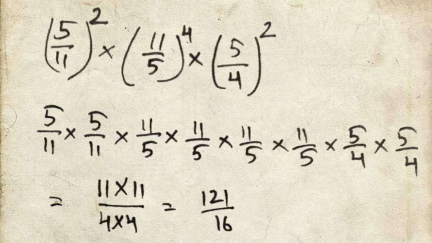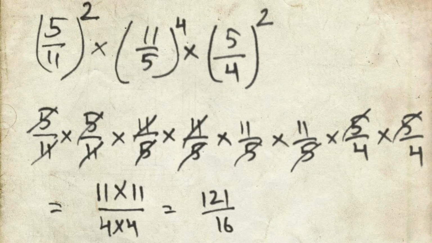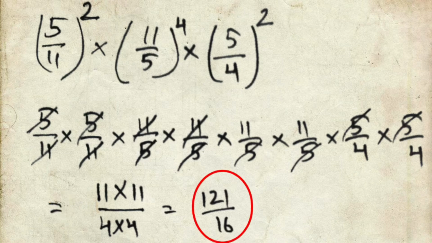So firstly open the brackets: 5 by 11 multiplied 2 times, 11 by 5 multiplied 4 times, and then 5 by 4 two times. The 5s will be cancelled out, and 2 11s will be cancelled out, and you are left with 11 multiplied by 11 over 4 multiplied by 4. 11 into 11 is 121 over 4 into 4, 16. Now this is your final answer.